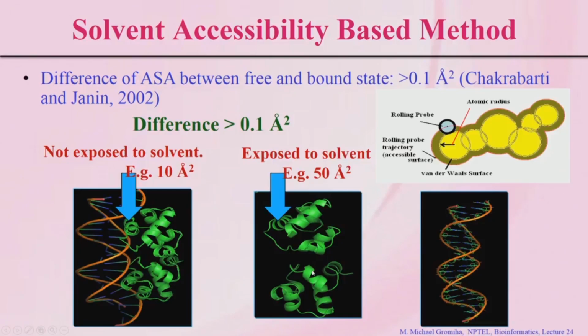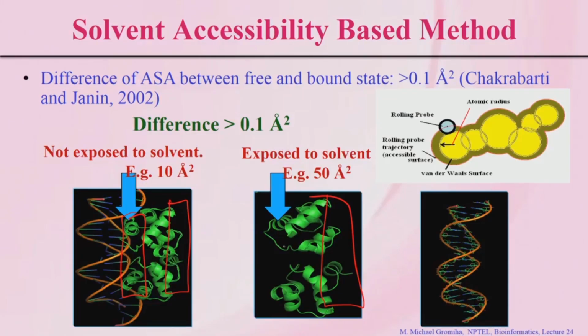If you look at these two proteins, and take some region, for example this region, how will the accessible surface area vary? It does not vary, because it is accessible to solvent here, and also accessible to solvent here. In this case you do not see any change. If you take this region, then you can see this is the complex state, this is the unbound state, which one has a higher value?